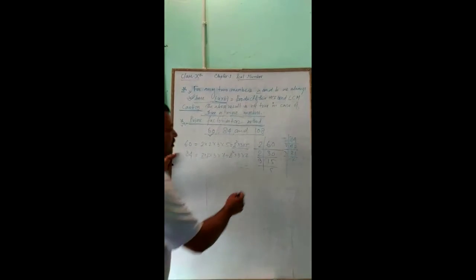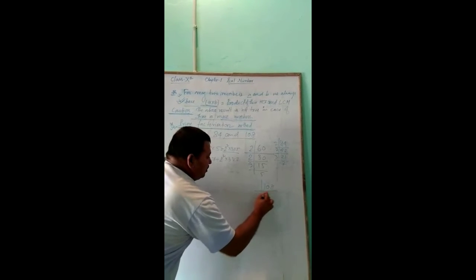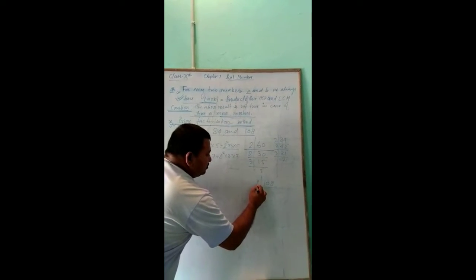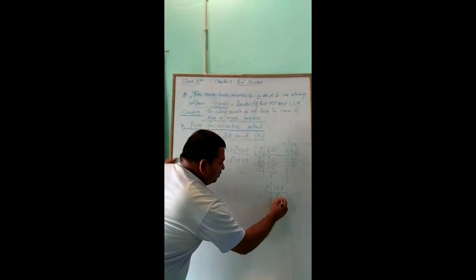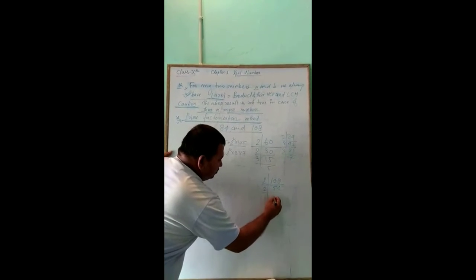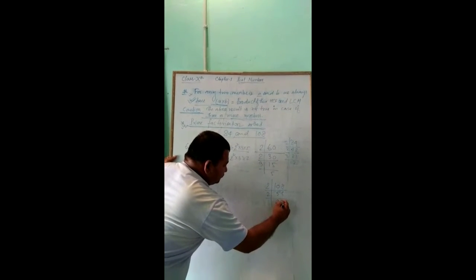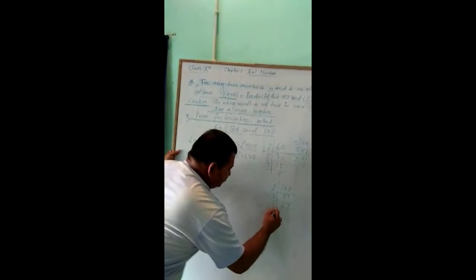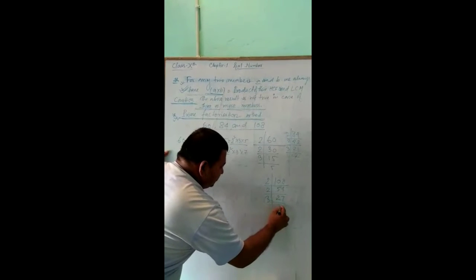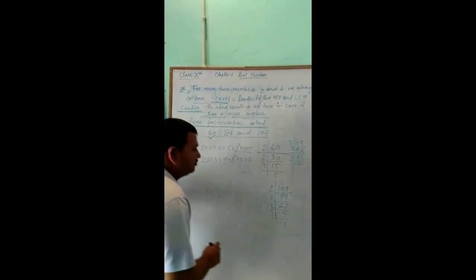Third, 108 is given. Now the factors: dividing by 2, we get 54, again by 2, 27, then 9 by 3, again 3.